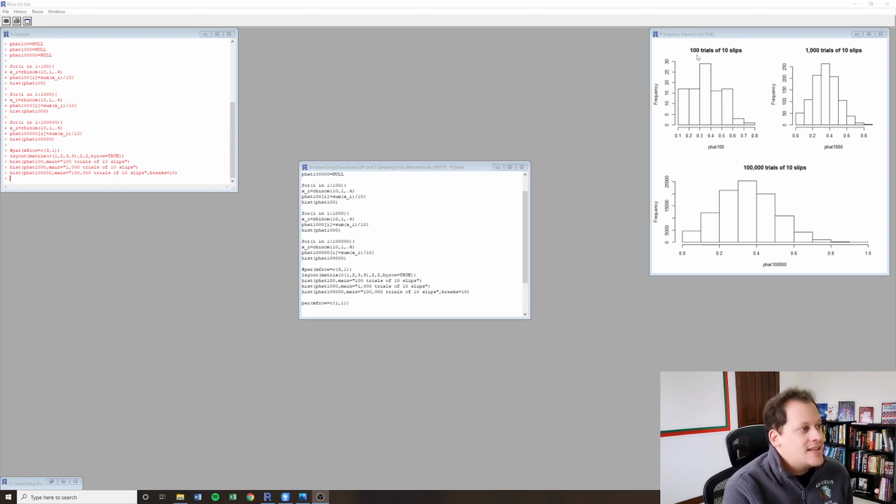So when I say that this histogram represents 100 trials of 10 slips, these frequencies add up to 100, but each of those 100 things is a proportion from a sample of 10. So it's important to recognize the difference between individual data values being graphed and what we have here, which is sample proportions being graphed. This represents 100 samples, 1,000 samples, 100,000 samples.